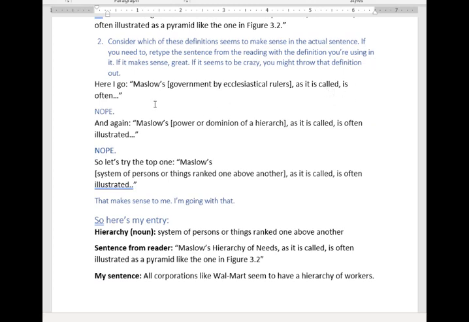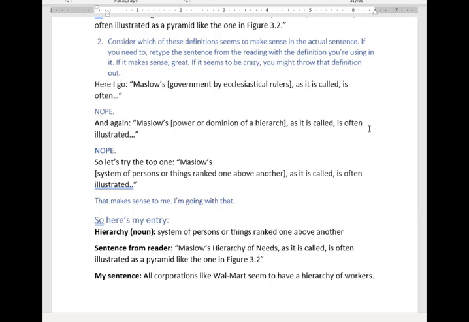I'm going to start the original sentence right here. Maslow's, insert government by ecclesiastical rulers, as it is called, is often illustrated as a pyramid. Maybe. Again, begin the same sentence and put in another definition. Maslow's insert power of, or dominion of a hierarch, as it is called, is often illustrated.